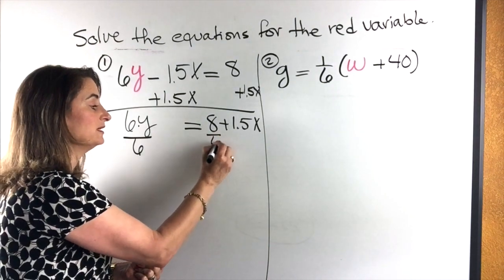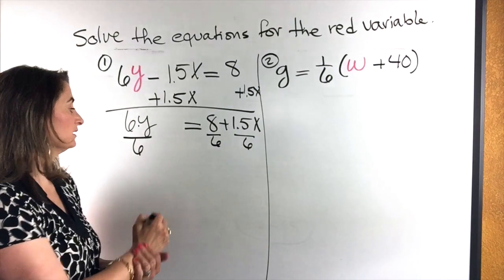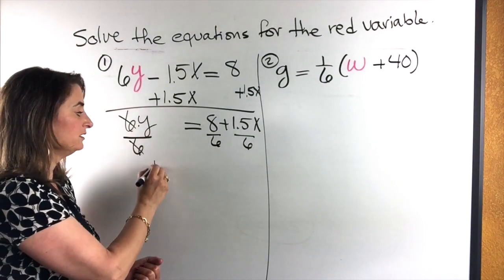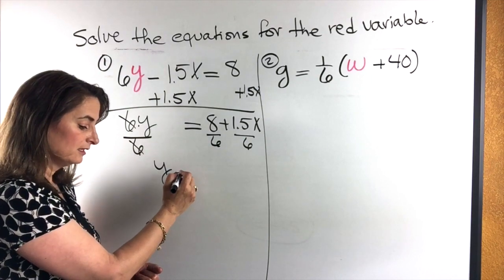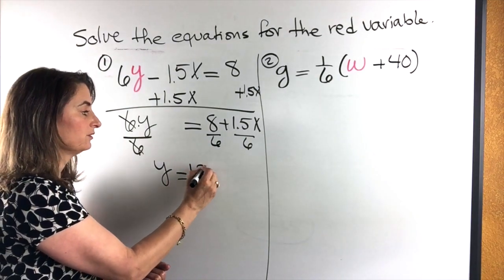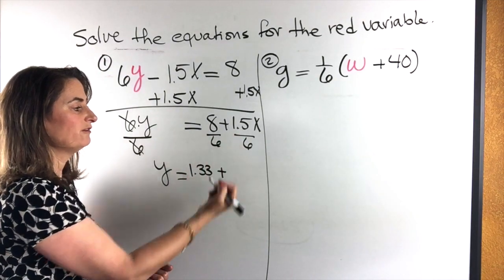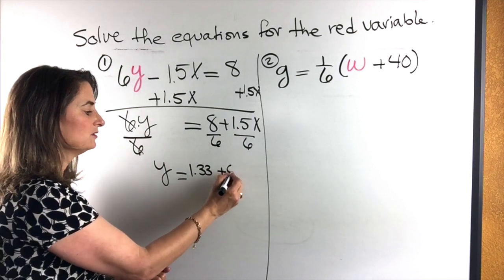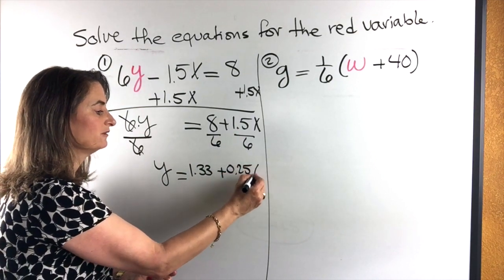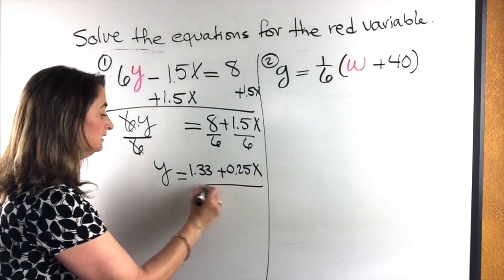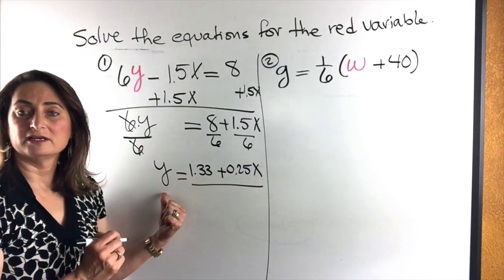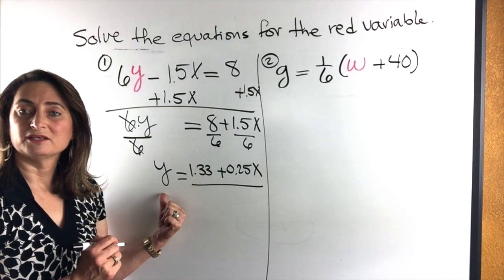So you divide this by 6, and you divide this by 6. 6 divided by 6 is 1. You end up with y equals 8 divided by 6 is 1.33 plus 1.5 divided by 6 is 0.25, and do not forget the x. Now y is isolated, it's on one side of the equation by itself.